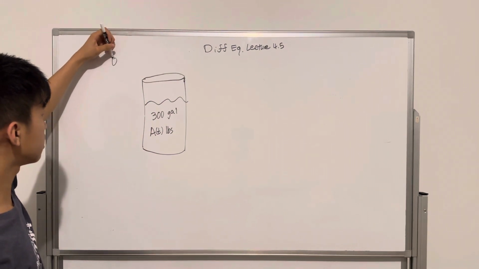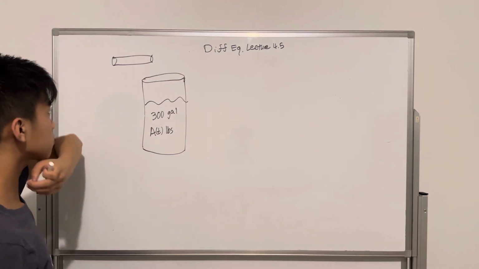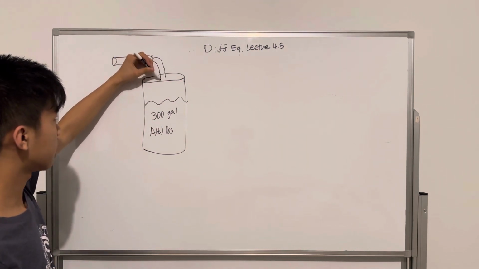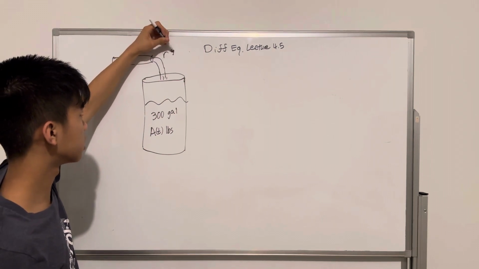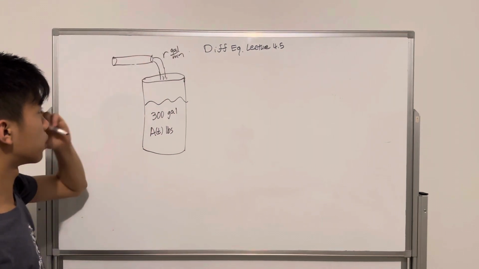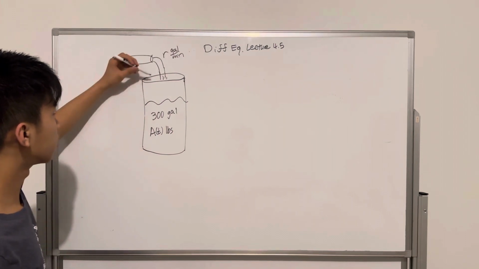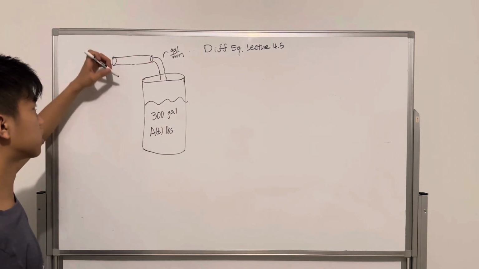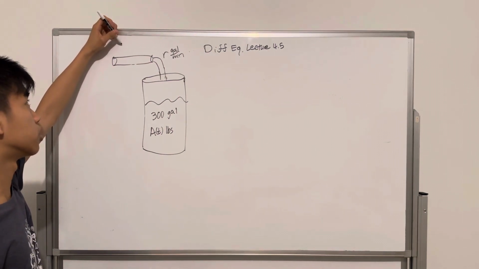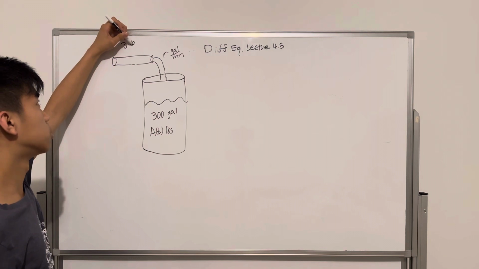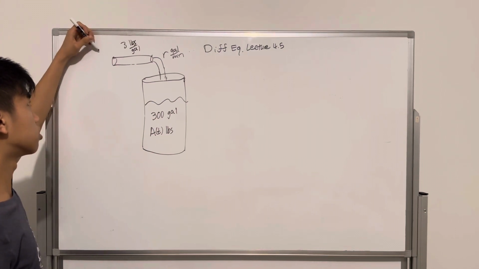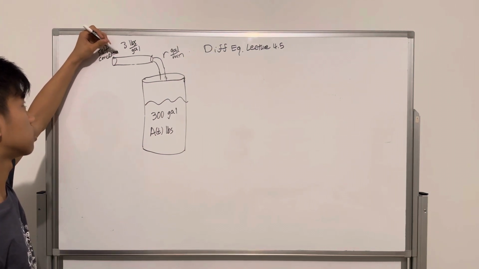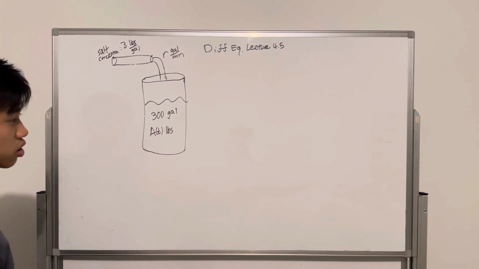So let's say that we have water that's flowing in at a constant rate of r gallons per minute, and that water has a salt concentration, or salinity concentration, of, I don't know, 3 pounds per gallon.